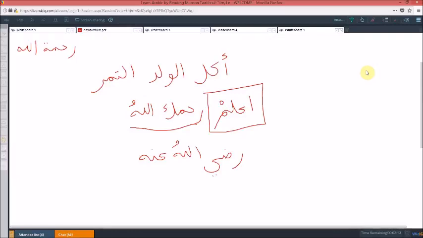You don't need all that because you know how to make a command verb. You don't need it to say Rahimakallah, because you know the word Rahima Yarhamu. You studied that.